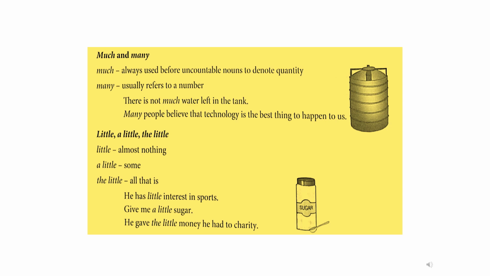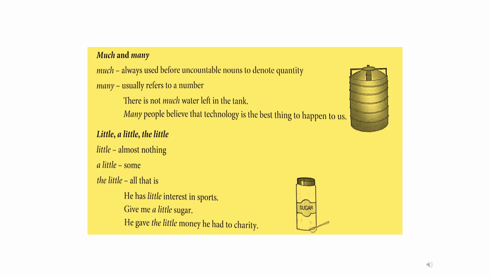Now, let us see the uses of various determiners. Firstly, much and many. Much is always used before uncountable nouns to denote quantity. The word much we use before uncountable nouns in order to denote their quantity.